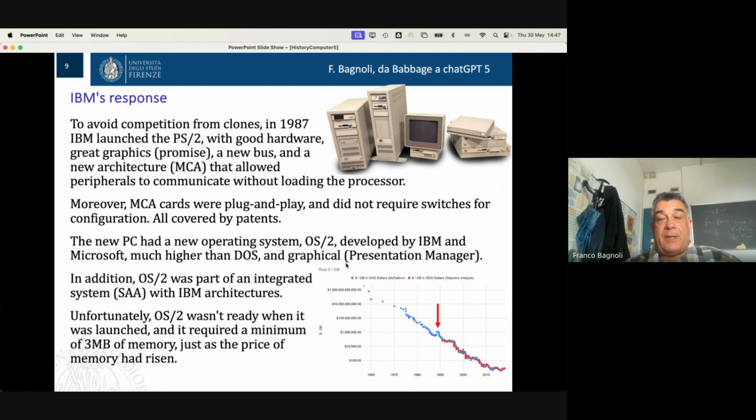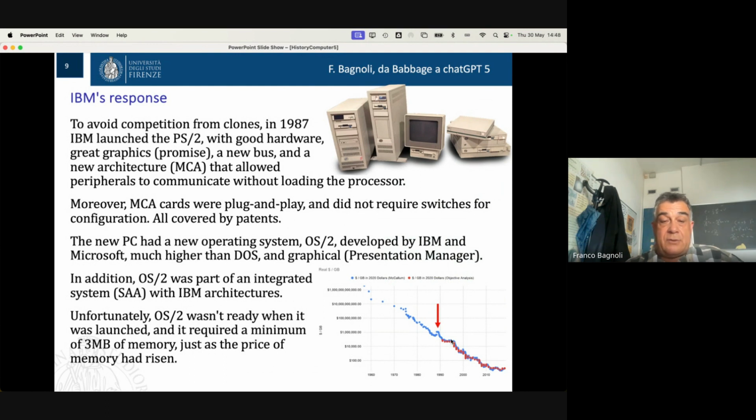But it was developed together with Microsoft, but IBM committed again the same error, like in the System 360, to announce this new technology before it was ready.